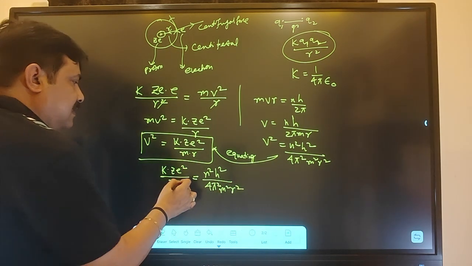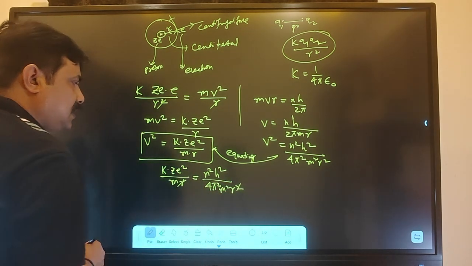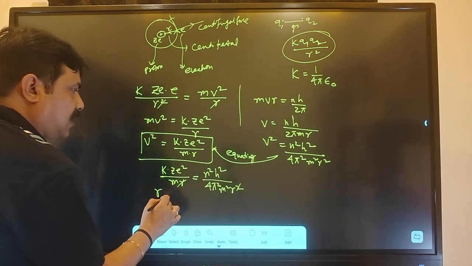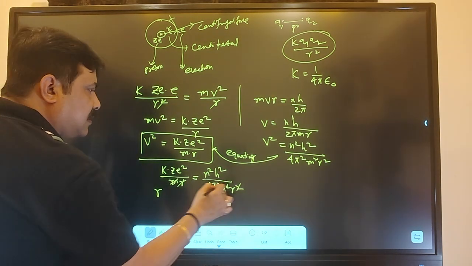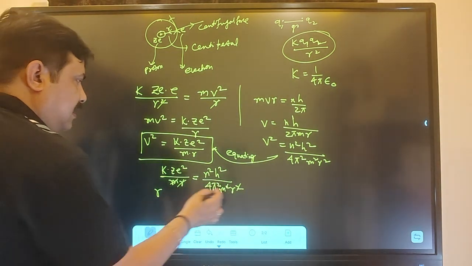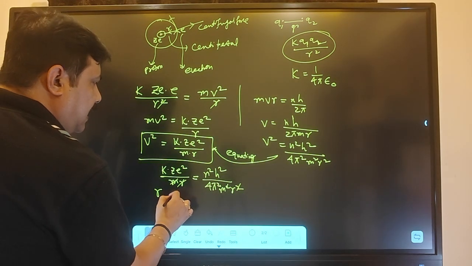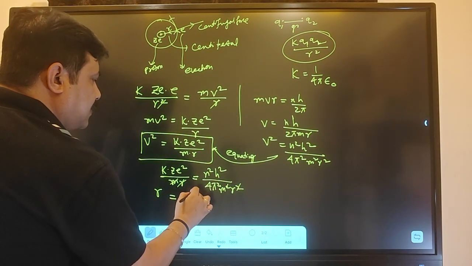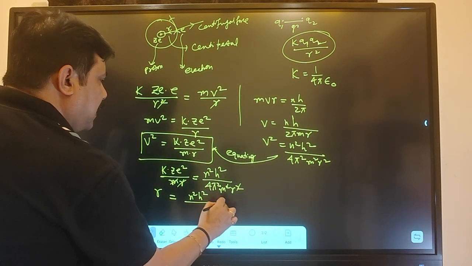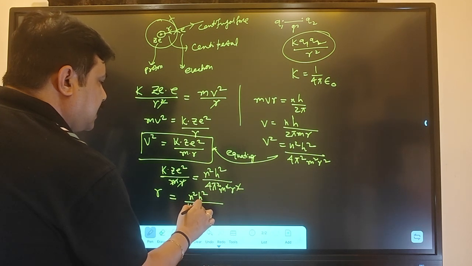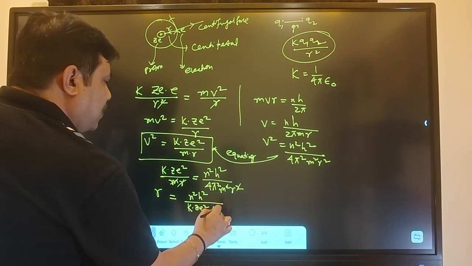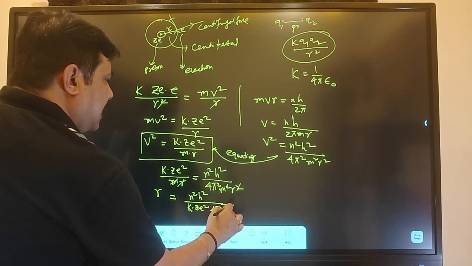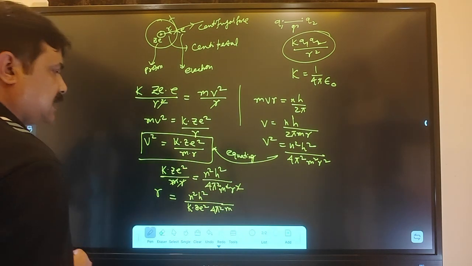Now look at this r and this, the power cancels out, and m also cancels out. Then if I take this r to this side, what do I get? r equals n square h square by K Z square, 4 pi square and m. I will get an expression like this.